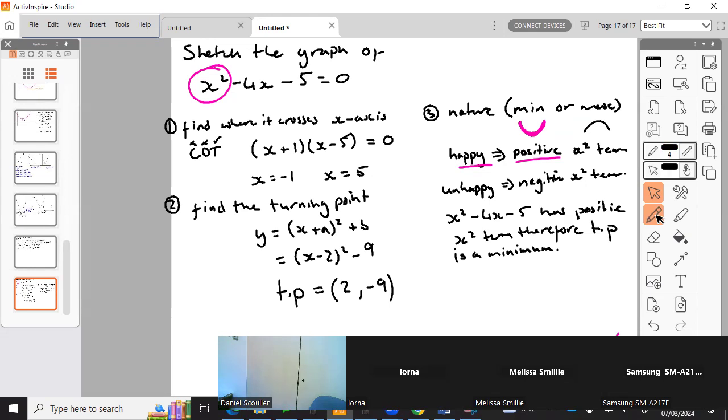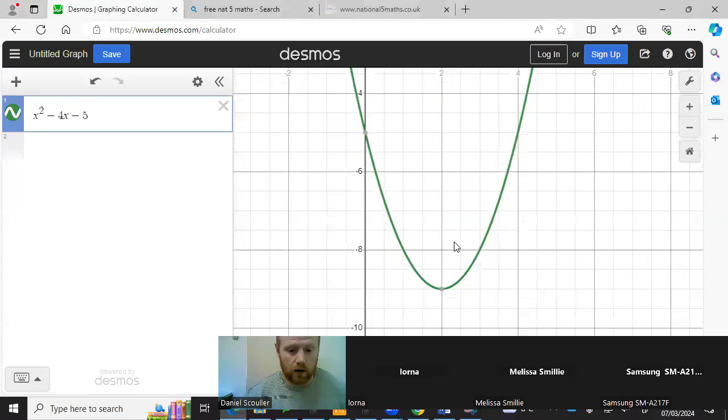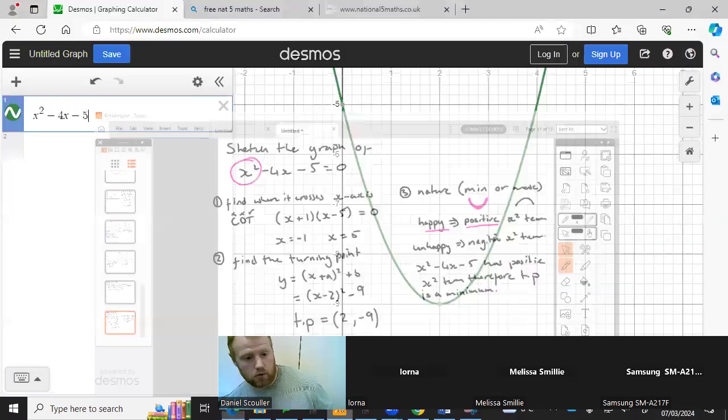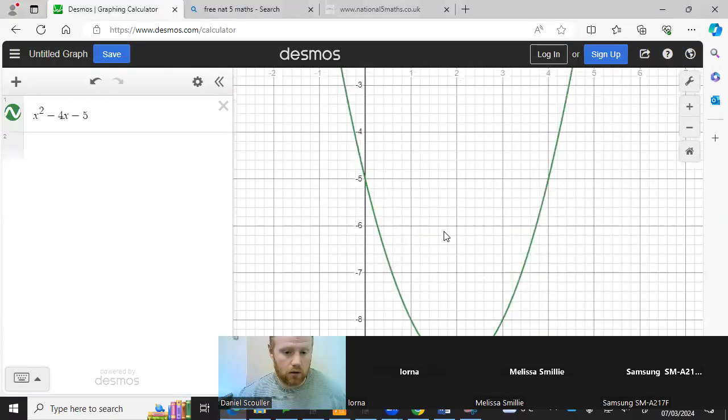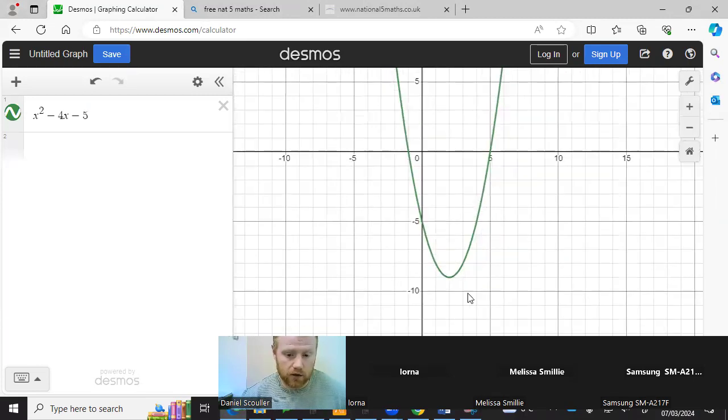Now, when does this cross the y-axis? Okay, well, if we look at the shape it makes, you can see it's a smiley face, the minimum turning point.